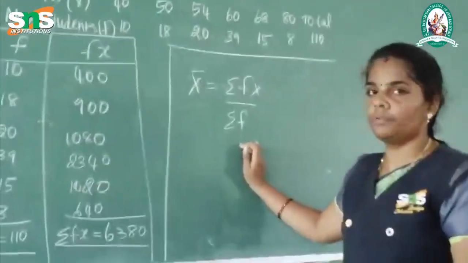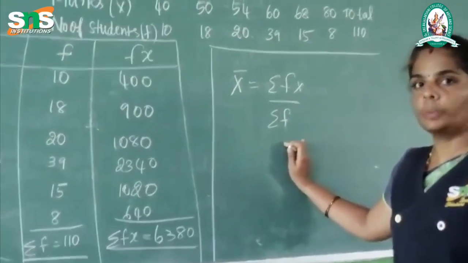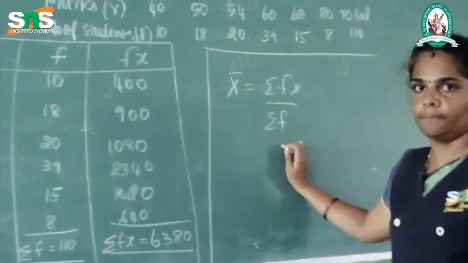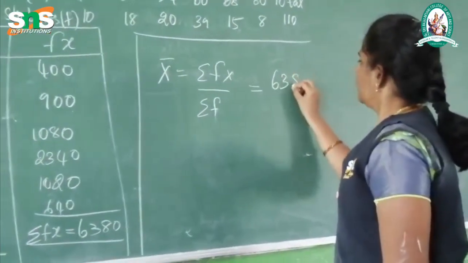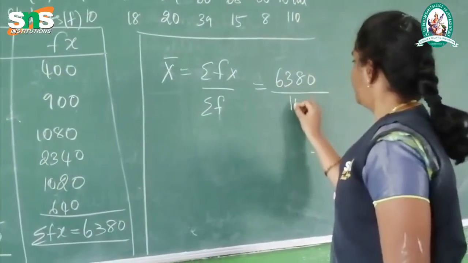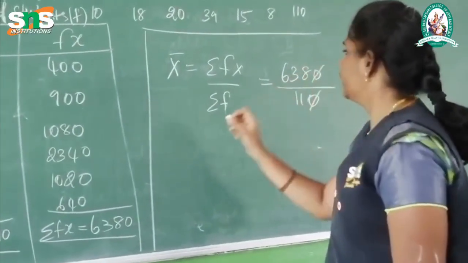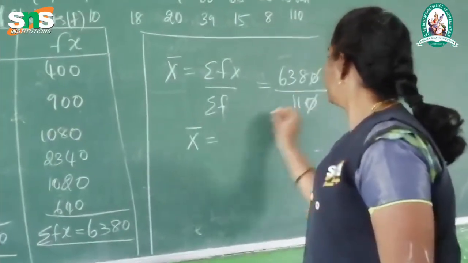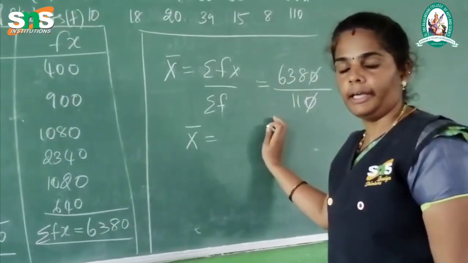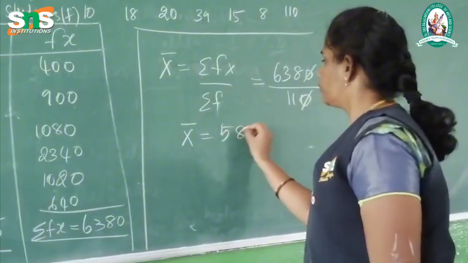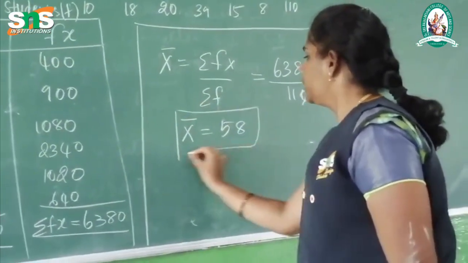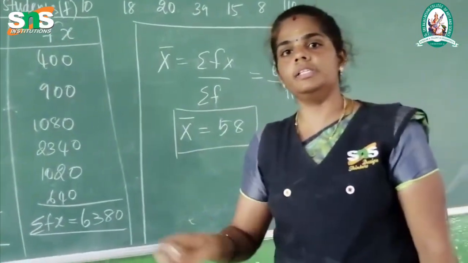That is, the multiplication of the frequency and x value should be divided by the sum of frequency. So 6380 should be divided by 110. The 0 will be cancelled. So 638 divided by 11, if I divide it by 11, I will get the answer as 58. So the arithmetic mean for this given data is 58.